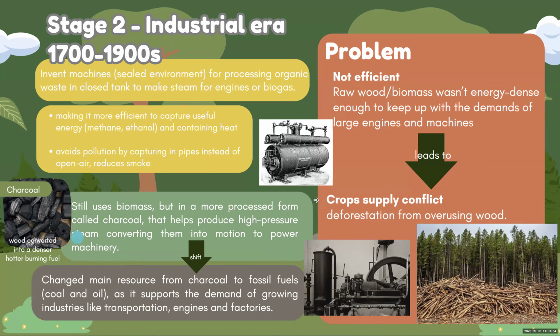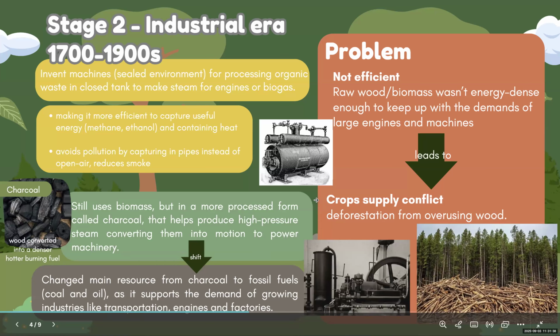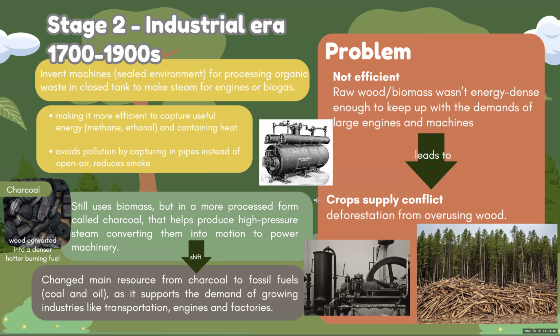But then this is the industrial era, so we shift from biomass charcoal to fossil fuels like coal and oil, as it supports the demand of growing industries like transportation, engines, and factories, because they're fast and more controllable.